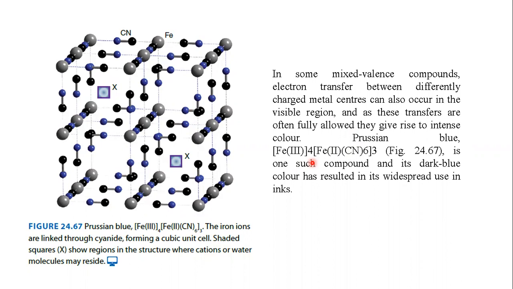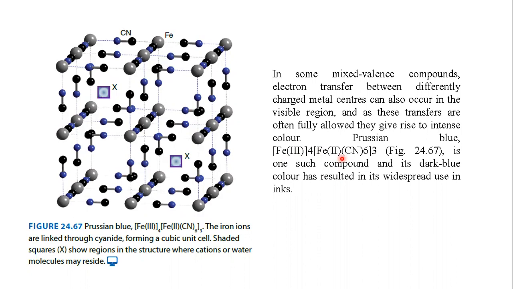This Prussian blue color appears due to this complex. Here you can see two iron centers having different oxidation states. One iron is iron 3 and another is iron 2, with cyanide as a ligand. Because the valence is different for the two irons, one is 3 and one is 2, that's why it is a mixed valence compound.